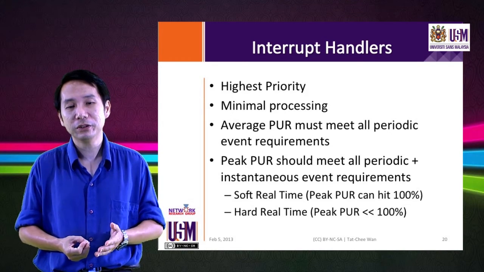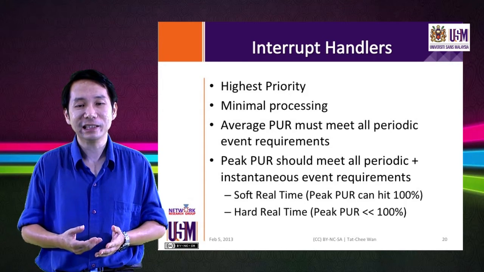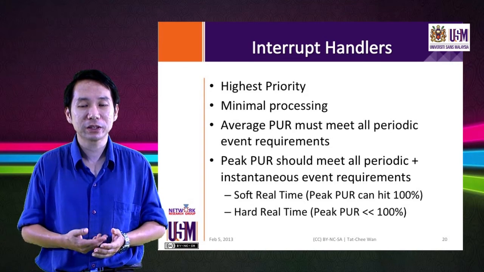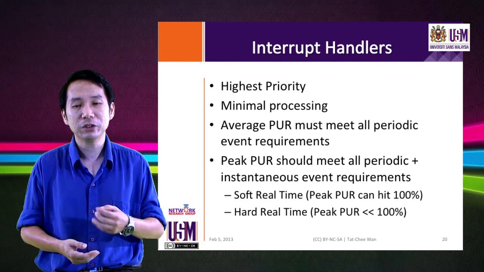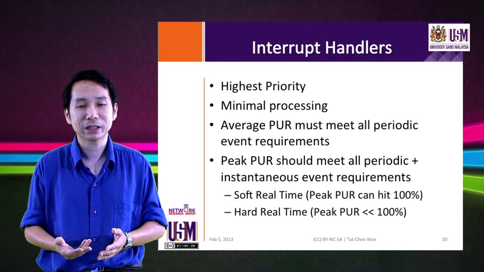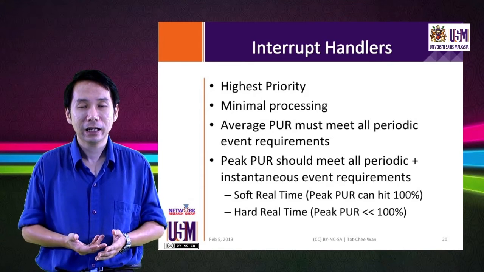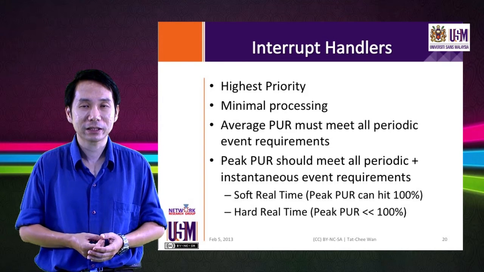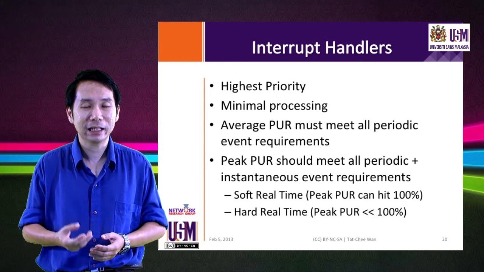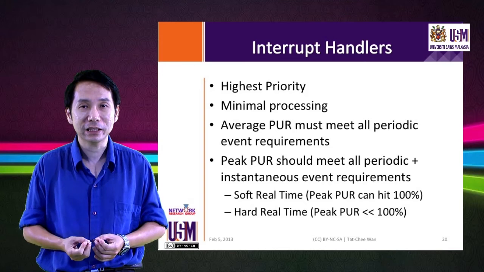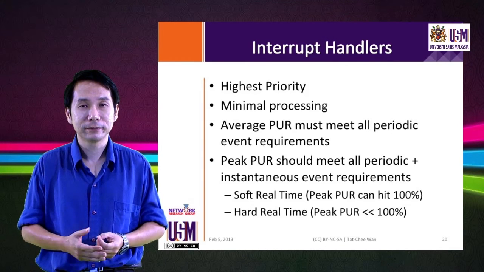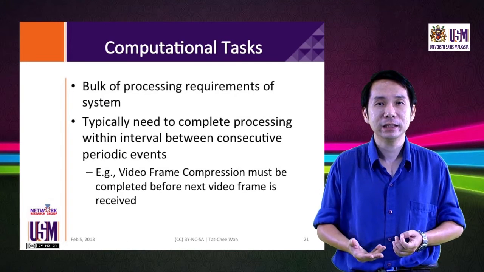However, the peak PUR should meet all periodic and instantaneous events requirements, and depending on whether it's a soft real-time system or a hard real-time system, the peak PUR can hit 100% for soft real-time, but it must be less than the 100% for the hard real-time system. This is to ensure that the hard real-time system is able to guarantee a response time that will meet all deadlines.